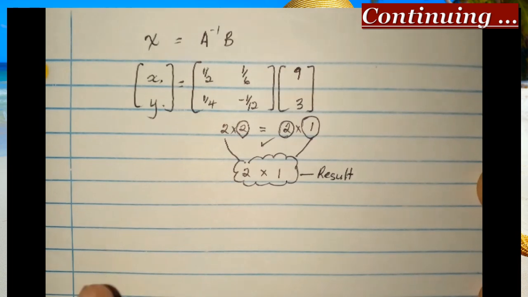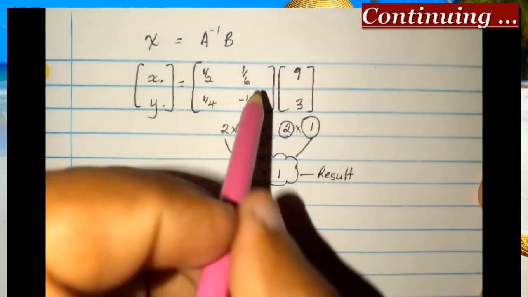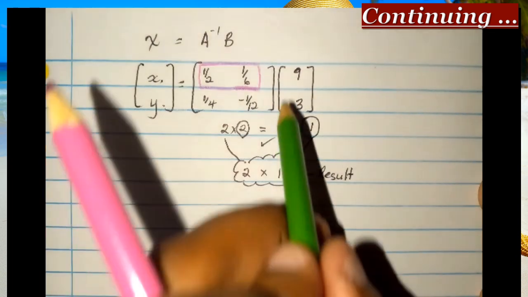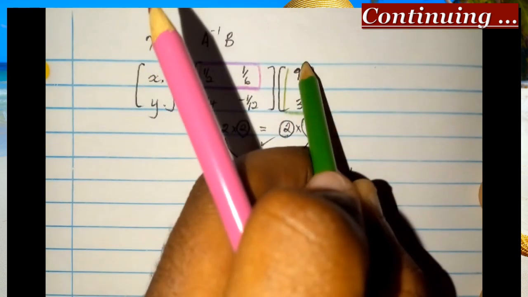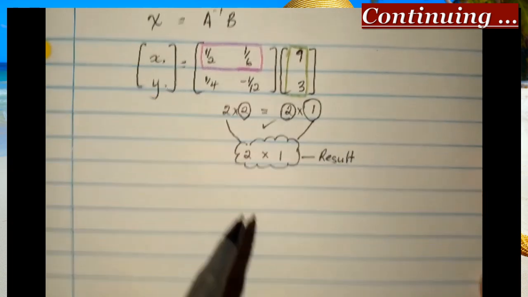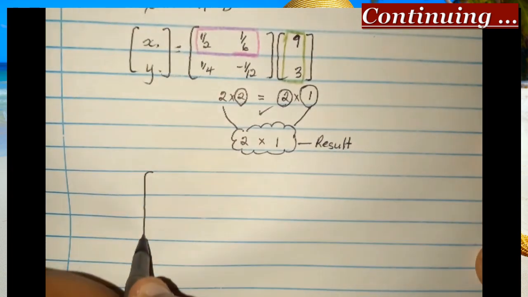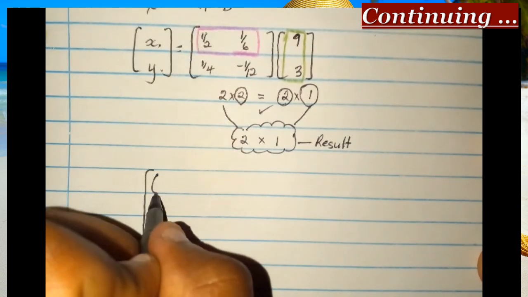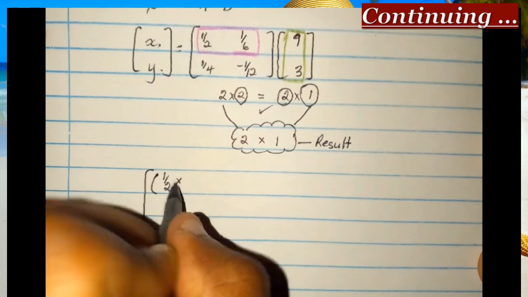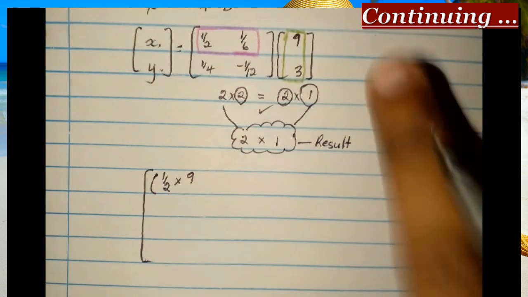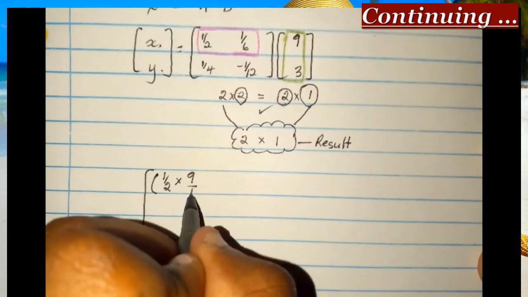So let's get straight into it. Remember, when we're multiplying matrices, we multiply row by column. So that's our first row. And this is our one and only column that we're going to multiply by. So I'm going to set up my working matrix. So row by column. First element is a half, and I'm multiplying that by the first element here, which is 9. And for ease, I'm going to rewrite these whole numbers as fractions.